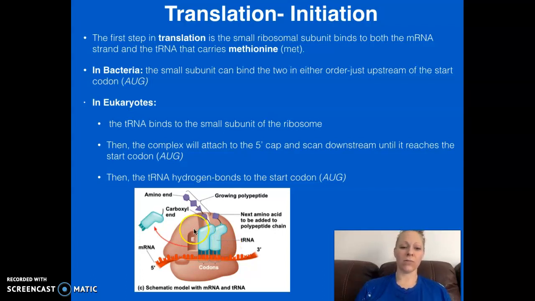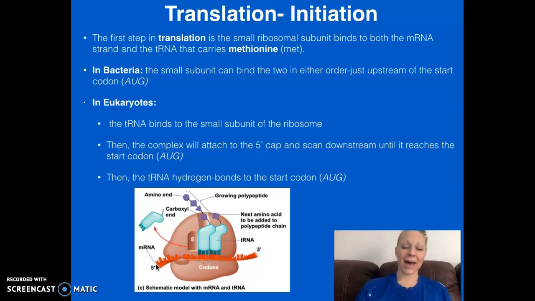In eukaryotes, it's a little bit more stringent, and the tRNA first has to bind to the subunit. So the first tRNA is going to bind to the small subunit. Then the mRNA is going to bind right here to the small subunit. But it first needs to attach to the 5' cap. So remember, in eukaryotic cells we had to create our primary transcript, which included a 5' cap, that modified guanine at the end.